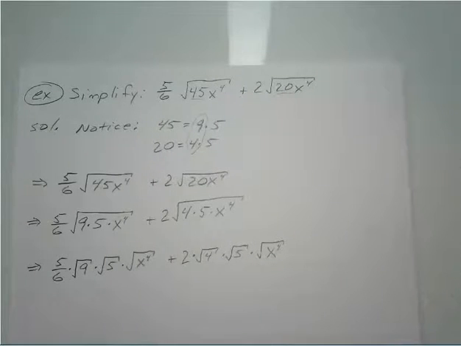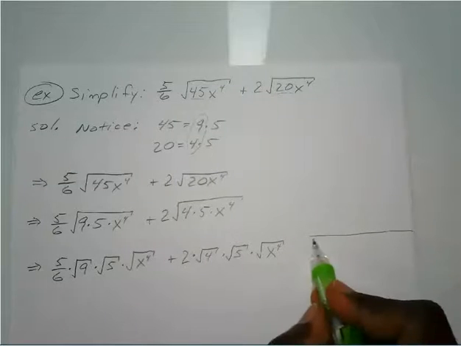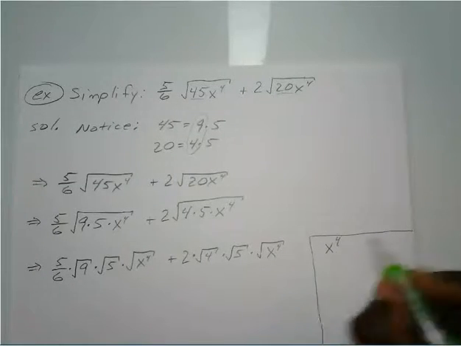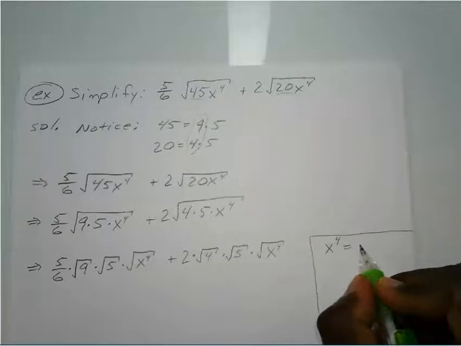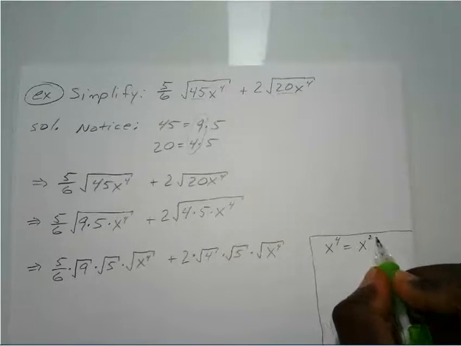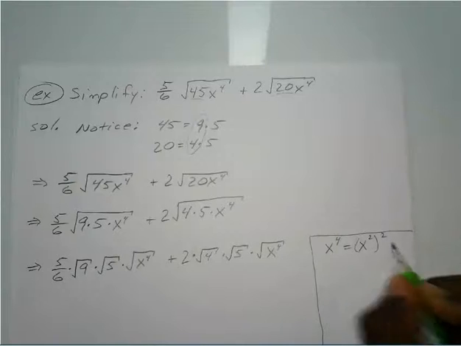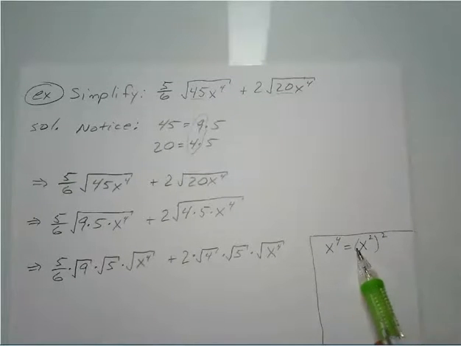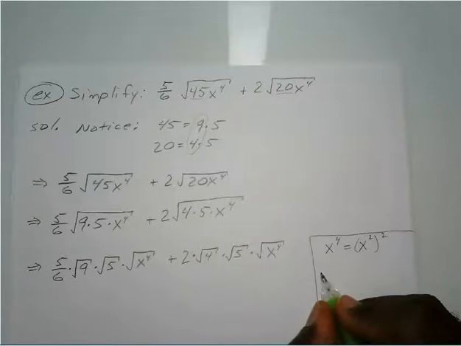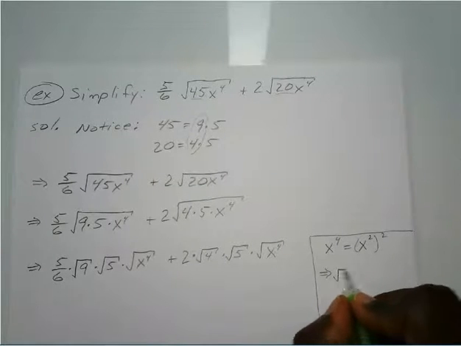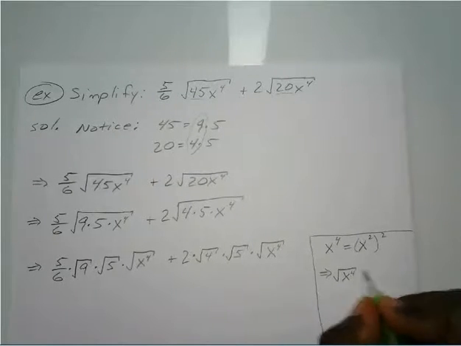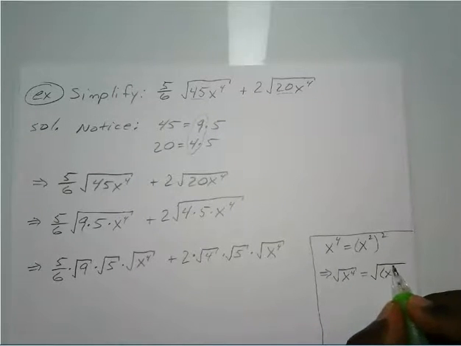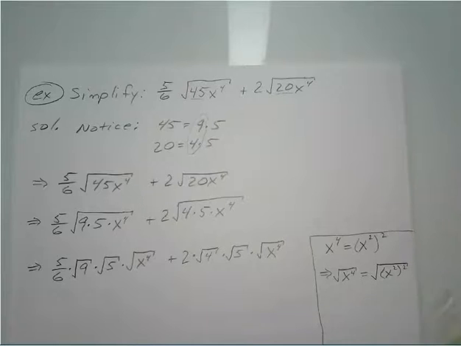Okay, so that x to the 4th power, this is a little trick I'm going to show you. So x to the 4th power, you can actually rewrite that as x squared squared. Remember, 2 times 2 is 4, so that will give you x to the 4th power. So that means that square root of x to the 4th power is equal to the square root of x squared squared.